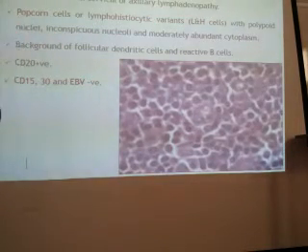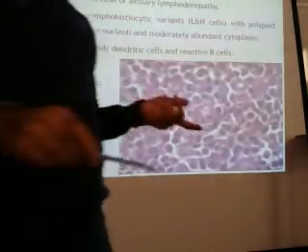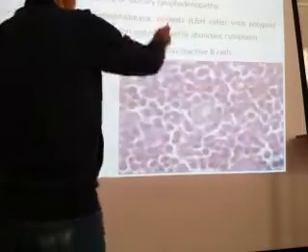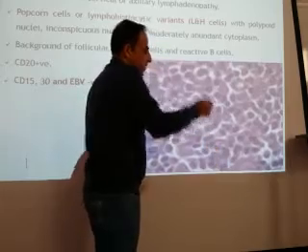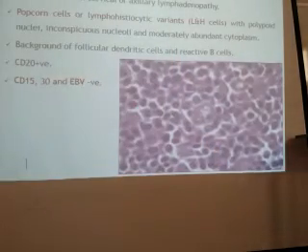And there is one important cell, again a variant of the RS cell, which is called the popcorn cell, like a popcorn you eat, with polypoid, inconspicuous nuclei. So this is the popcorn cell in the center. So remember, in nodular sclerosis, you will find the lacunar cells.